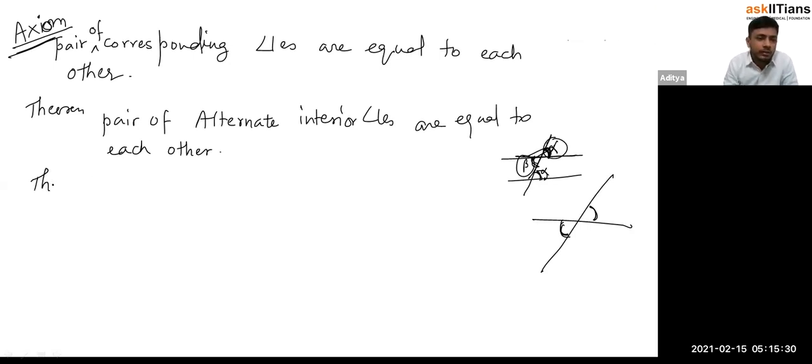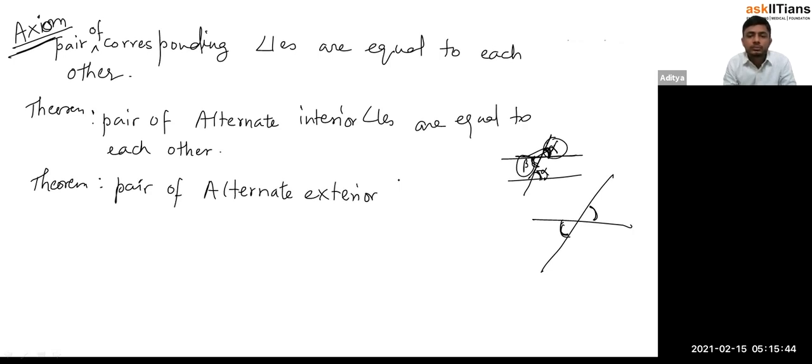Another theorem we have: pair of alternate exterior angles are equal to each other, right?